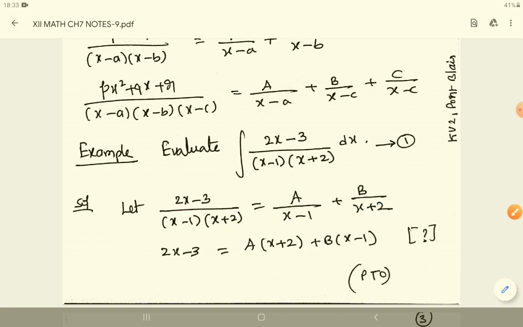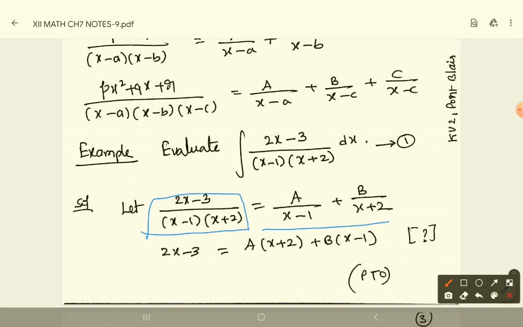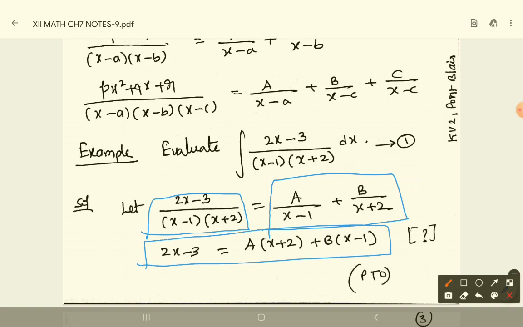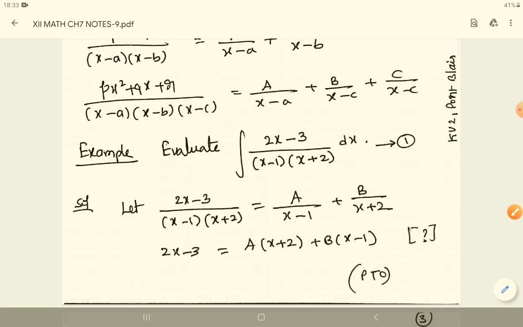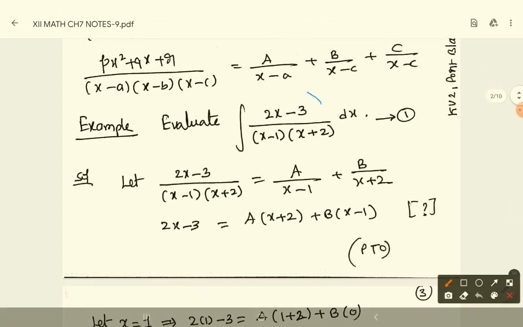So after writing the given proper rational fraction as a sum of simpler partial fractions, you get this step. Why do we do it like this? First of all, you will have a question: sir, why are you doing like this? Instead of integrating this one, I integrate this and this. Easy, no?